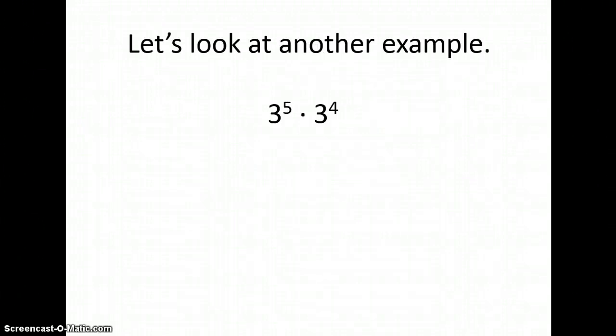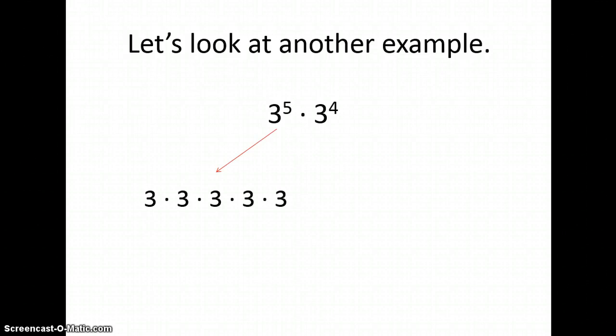So now let's look at 3 to the fifth power times 3 to the fourth power. Well, if I were to expand that, I'd have 3 times 3 times 3 times 3 times 3, so I'd have to write it out 5 times. And for 3 to the fourth power, I'd have to write the 3 4 times and multiply that. And if I multiplied both and I wanted to simplify this expression, I count my 3s, 1, 2, 3, 4, 5, 6, 7, 8, 9, there's 9 of them.